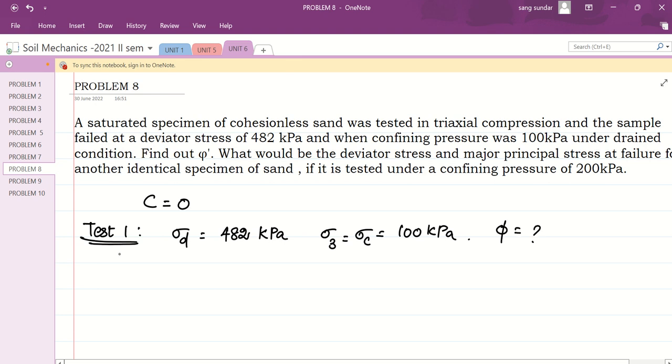After that there is a second test at which the confining pressure value is given, and they are asking what the deviator stress would be.